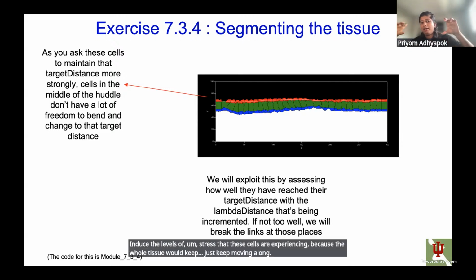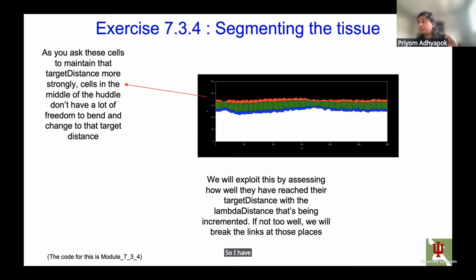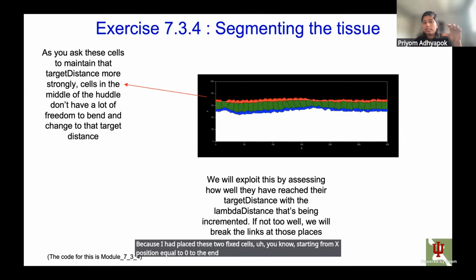So I have two fixed cells at the end of the simulation. Because I had placed these two fixed cells, starting from x position equal to 0 to the end of the simulation, they also have IDs of 1 to n, where n is the number of cells.